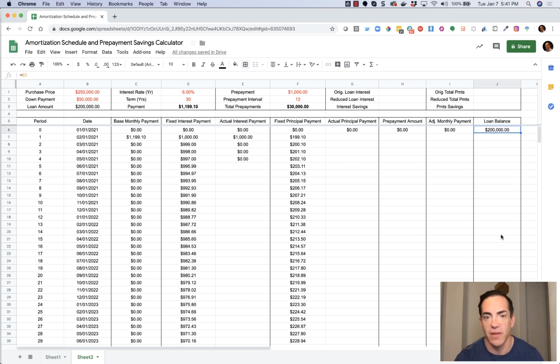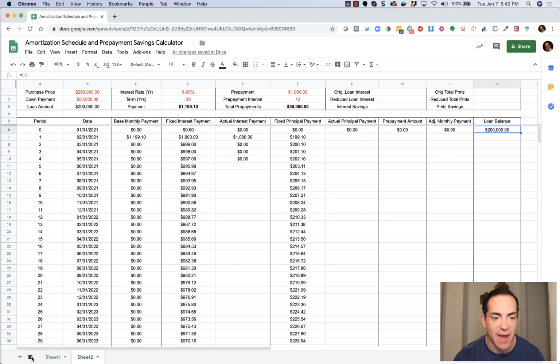But as we start to fill in the loan balance, then the actual interest payment due will update based on, again, the interest rate in effect times the loan balance. And ditto for the actual principal payment. That's basically just going to be saying, okay, let's take our monthly payment that we made and subtract the actual amount of it that went to interest, and that'll tell us the rest of it went to principal, right?